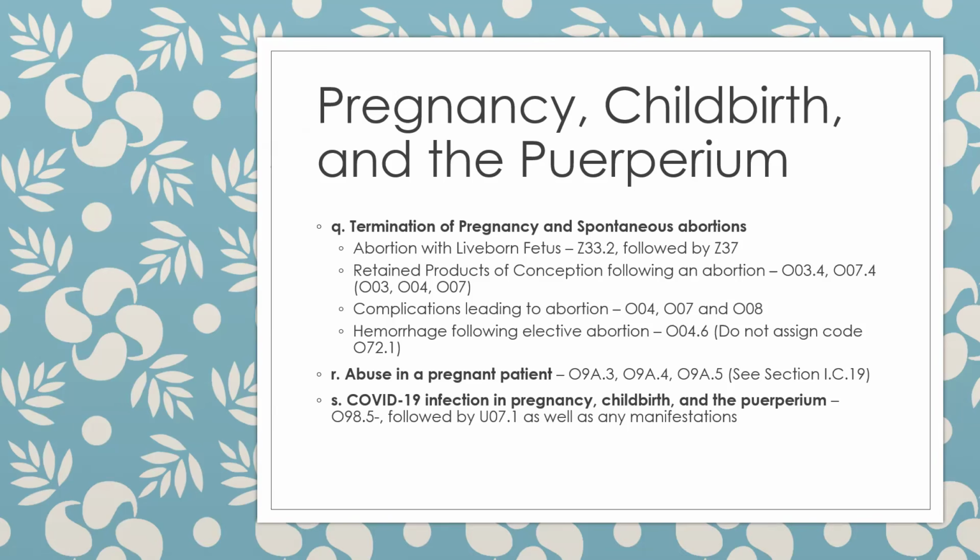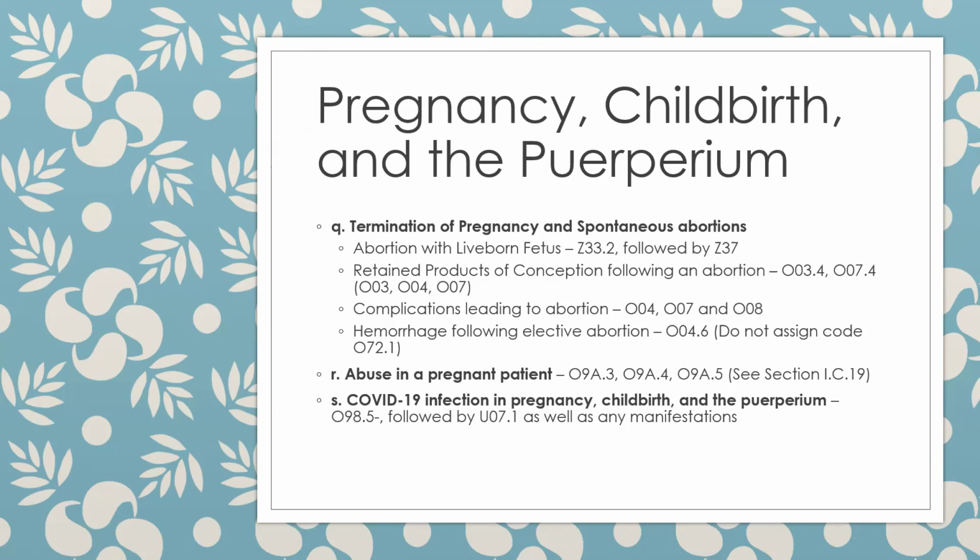If the patient has a specific complication associated with the spontaneous abortion or elective termination of pregnancy, in addition to retained products of conception, assign the appropriate complication code, for example, O03, O04, and O07, instead of code O03.4 or O07.4.